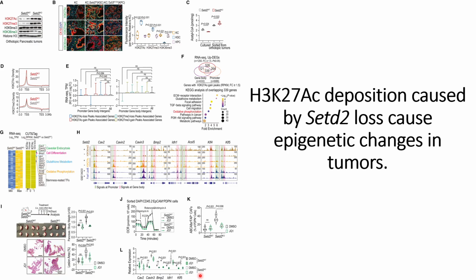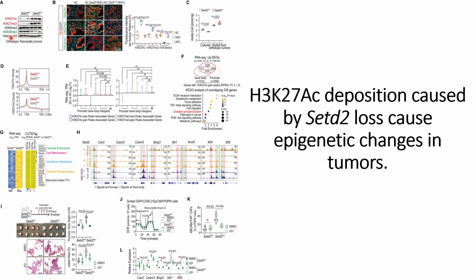This is how they came to the point that H3K27Ac gets deposited because of the enhanced acetyl-CoA, which causes increased OXPHOS. And so this acetyl-CoA is deposited in the Setd2 knockdown cells, and that results in the upregulation of the proliferation markers and migration markers.